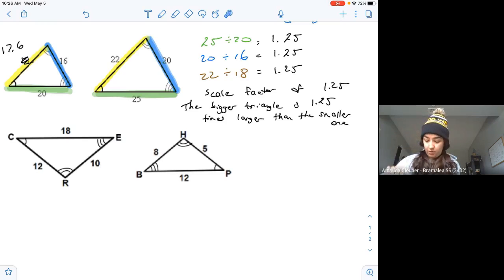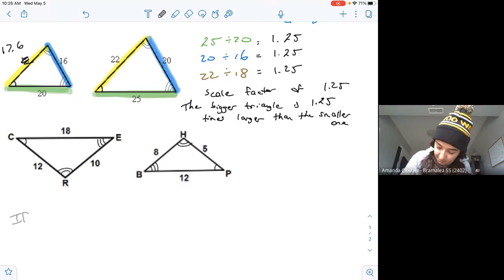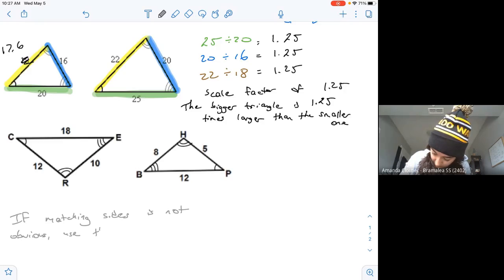Okay, so I'm going to get started here. Whenever we don't know, I'm going to write a little note in a thought bubble over here. I'm going to say: if matching sides is not obvious, use the angles to help.